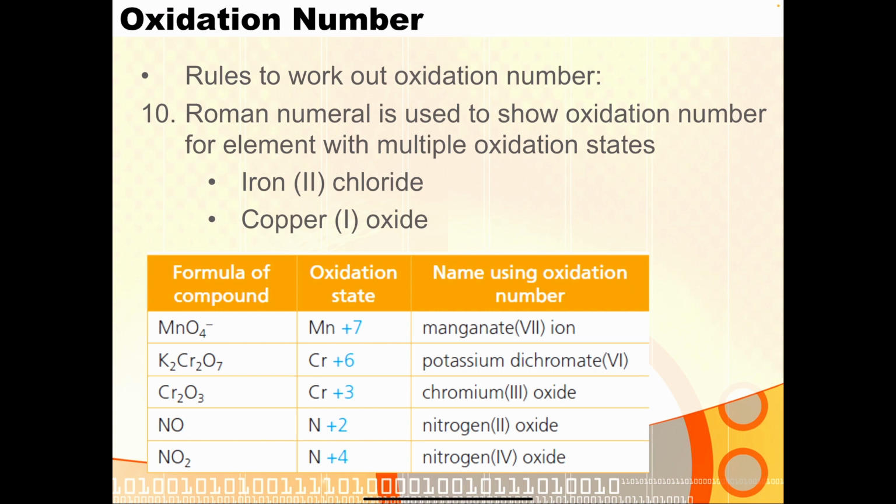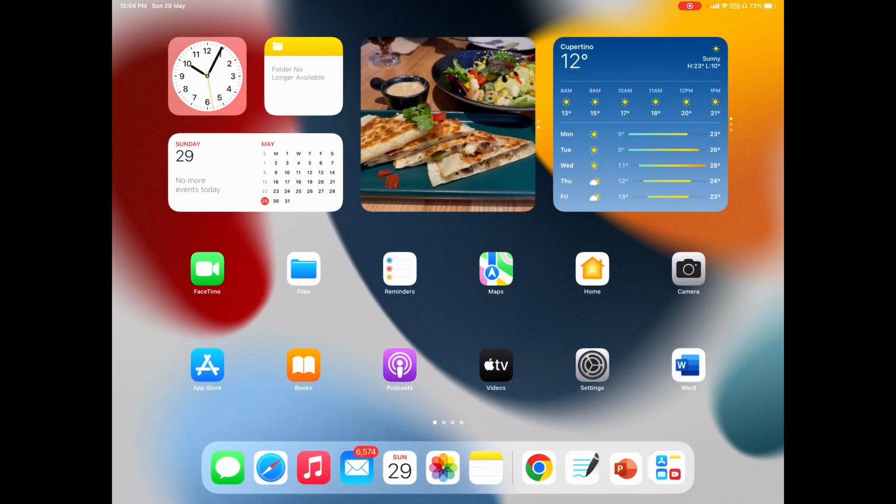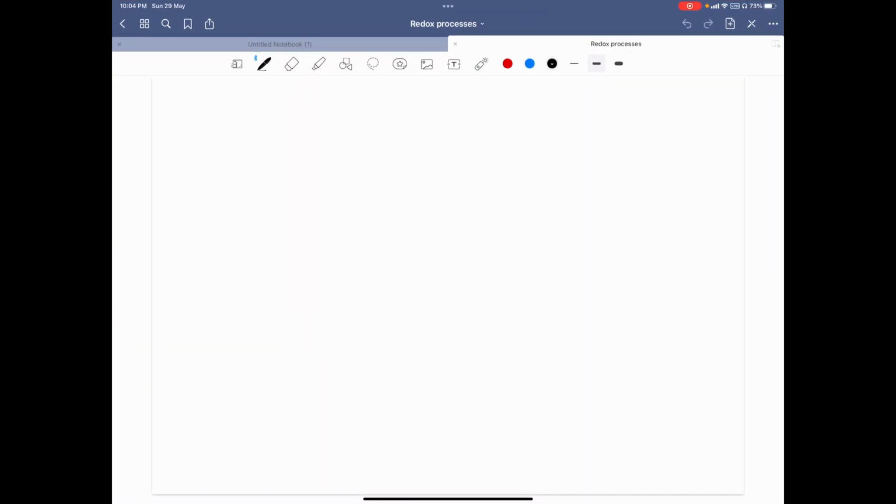Likewise, we can find out the oxidation number of manganese in MnO4 minus. It will be plus 7. So let's do it and see how we got the oxidation number of manganese in the permanganate ion as plus 7.